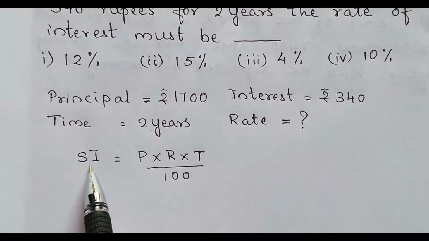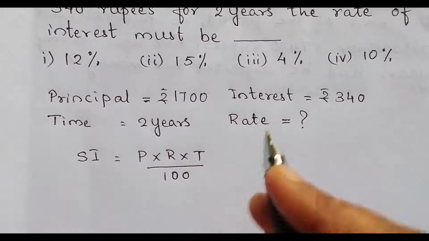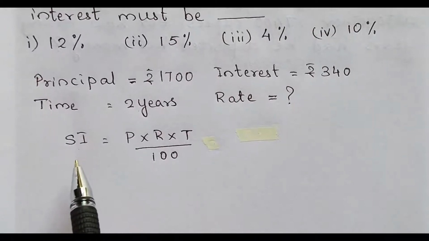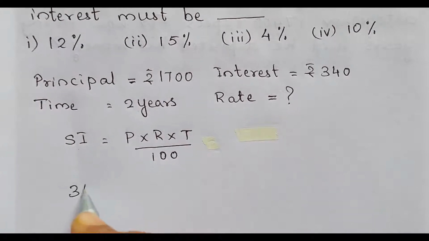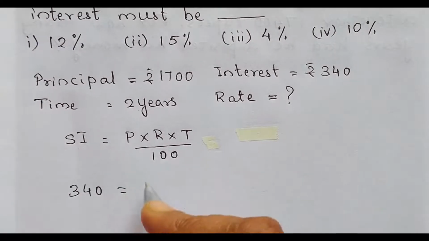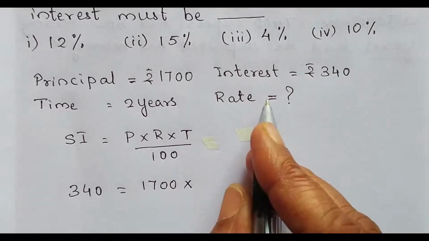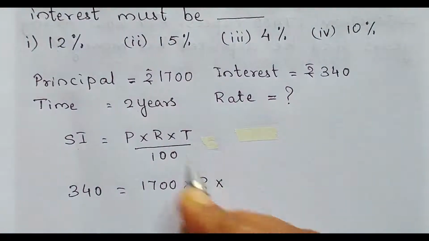We know the formula for simple interest. SI is equal to P multiplied by R multiplied by T divided by 100. Let's substitute the values. The interest is 340. So we have 340 is equal to 1700 multiplied by, we want to find out the rate, so R multiplied by the time.